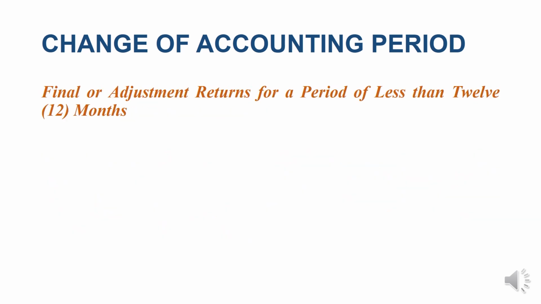Okay? So first, the final or adjustment returns for a period of less than 12 months. This is called adjustment returns because it does not complete the 12-month duration.